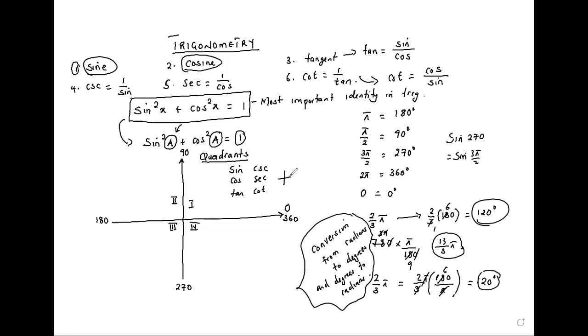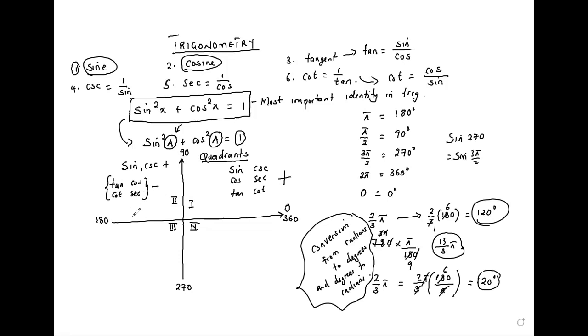If you pick a number between 90 and 180, the only functions that will give you positive will be sine and cosec. The other functions, tan, cot, cos, sec, are going to give you negatives. I have my calculator here. For the sake of checking, if you want, you should check tan.